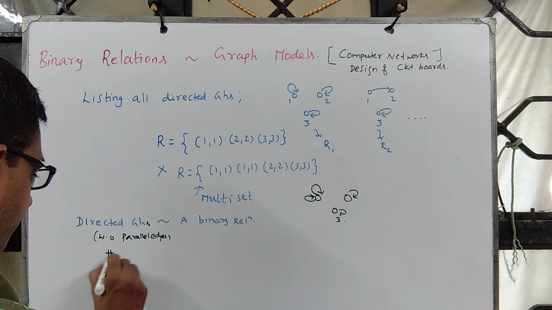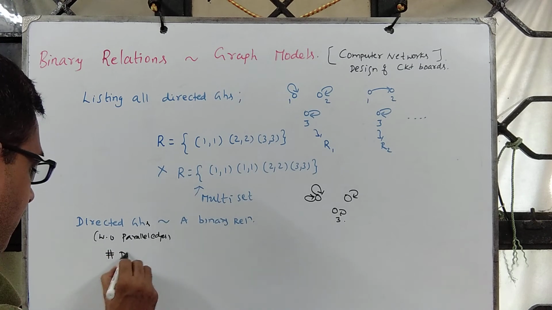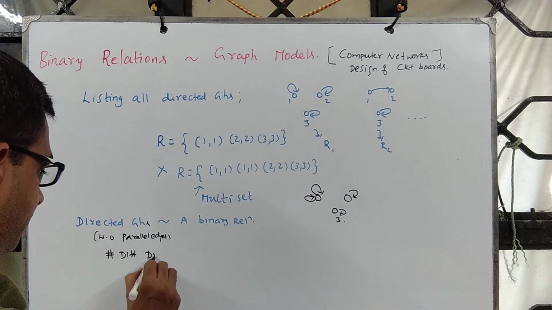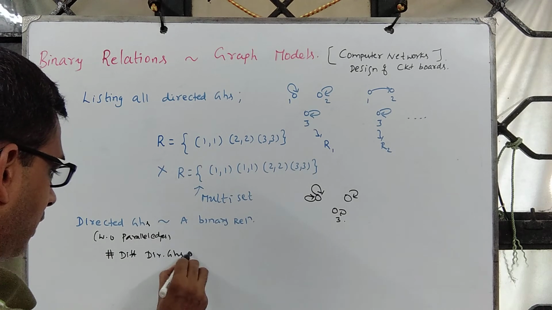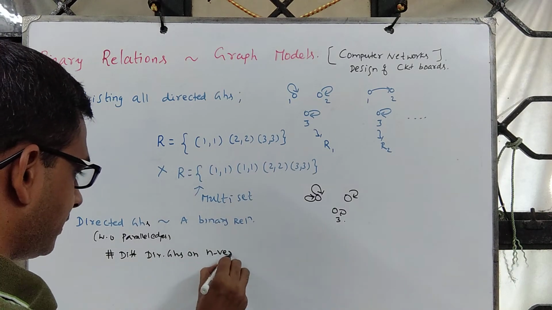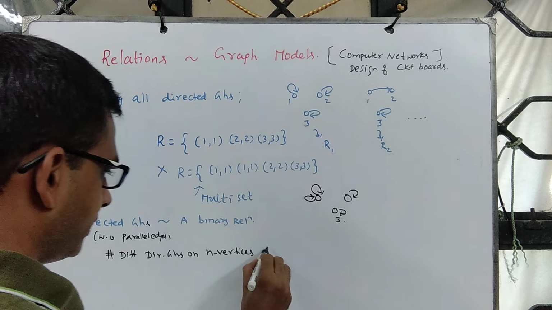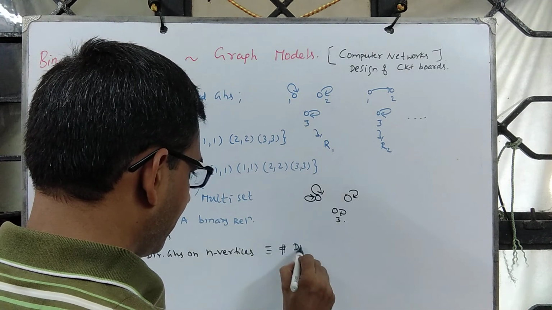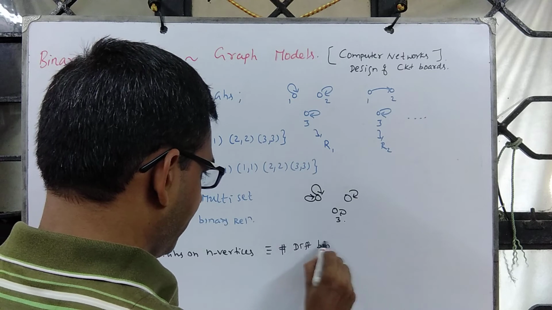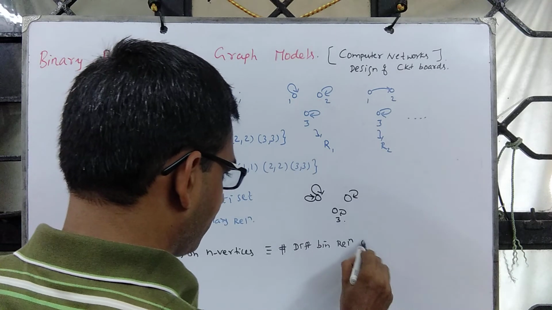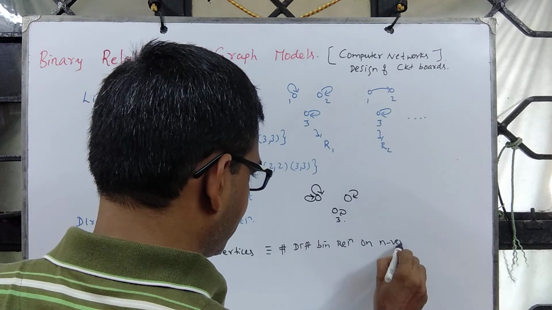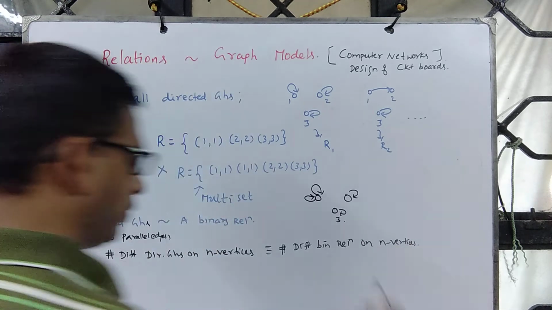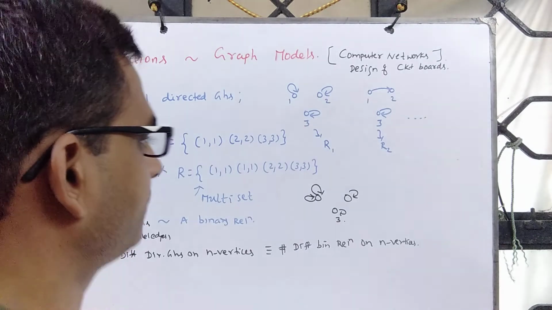So the number of different directed graphs on n vertices is equivalent to counting the number of different binary relations on n vertices, or n nodes, or an n element set.